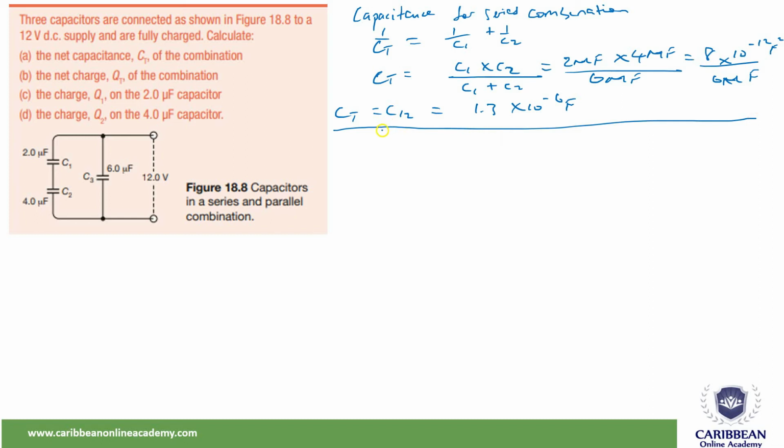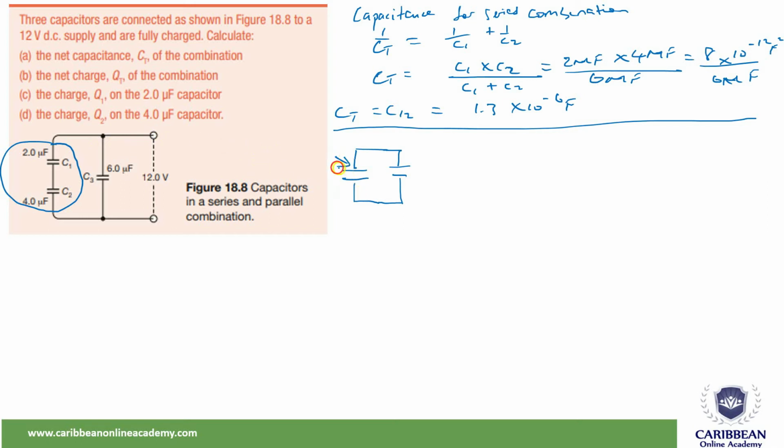Now, let's just redraw the circuit quickly. So here we have the circuit again. We just worked out what happens when we have those capacitors in series. Those two capacitors right here can be classified as one single capacitor now.